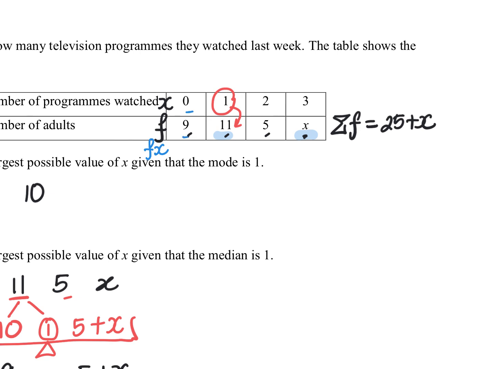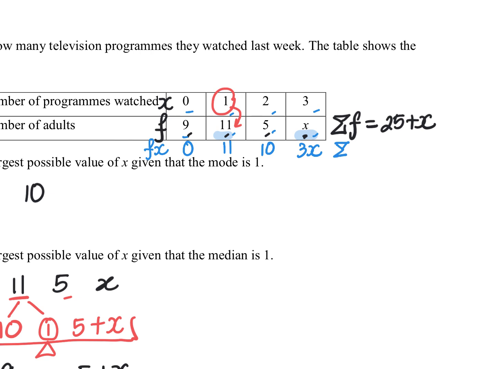0 times 9 is 0. There are common mistakes. People write it as 9. Then next one, 1 times 11, 11. 2 times 5, 10. 3 times x, this will be 3x.